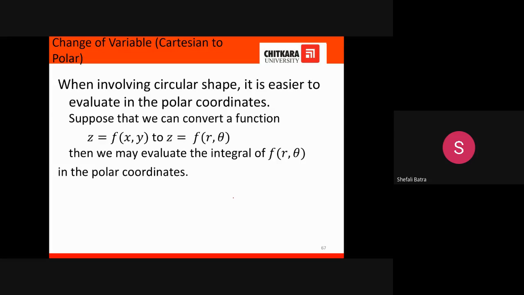So therefore we use change of variable, we change the Cartesian coordinates into polar coordinates to evaluate the integral, because this conversion makes your calculation easy. So how will you convert it? Z is a function of x, y, so you will be converting it into r and theta. How will you convert? You know that x is equal to r cos theta and y is equal to r sin theta.